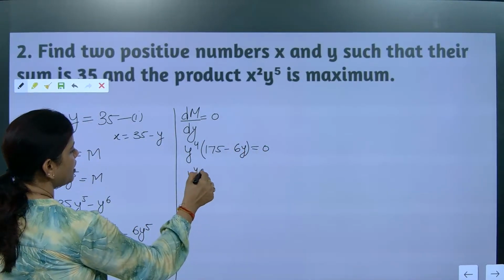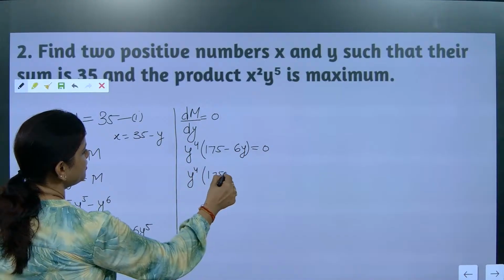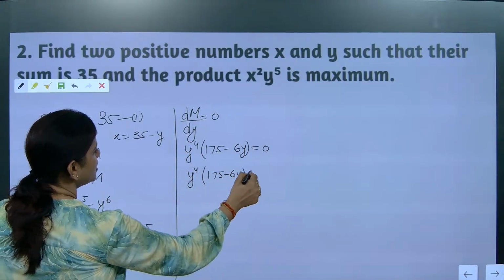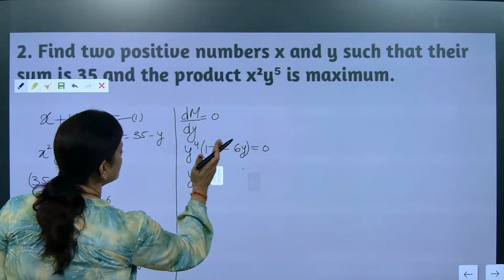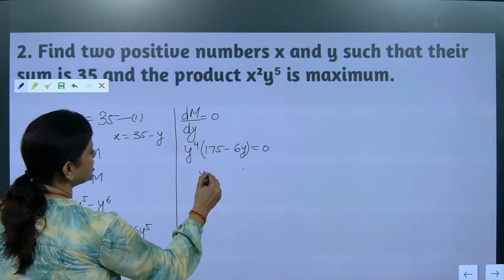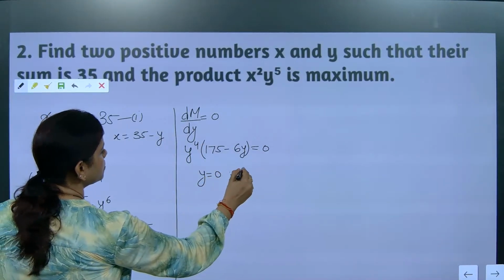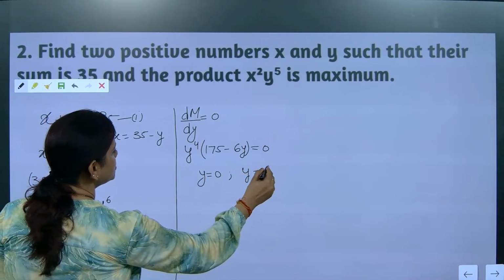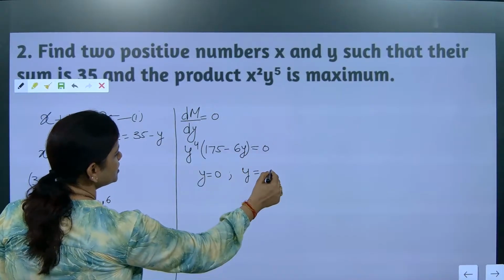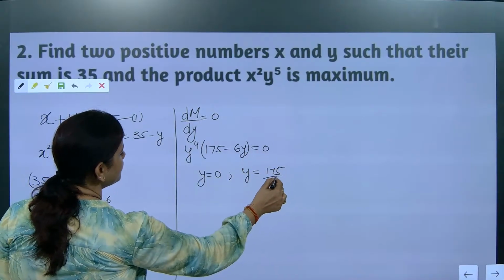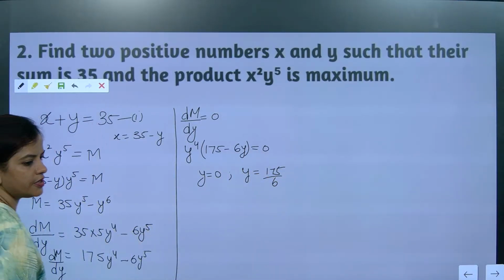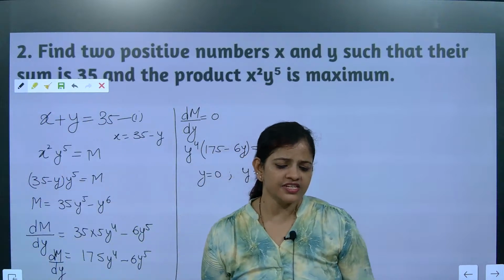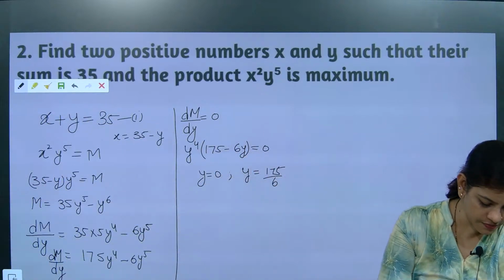So y to the power 4, 175 minus 6y is coming. So here exactly two values of y we are going to check: y is equal to 0 and y is equal to, if you shift this one that side, 175 by 6. Come on, go for it.